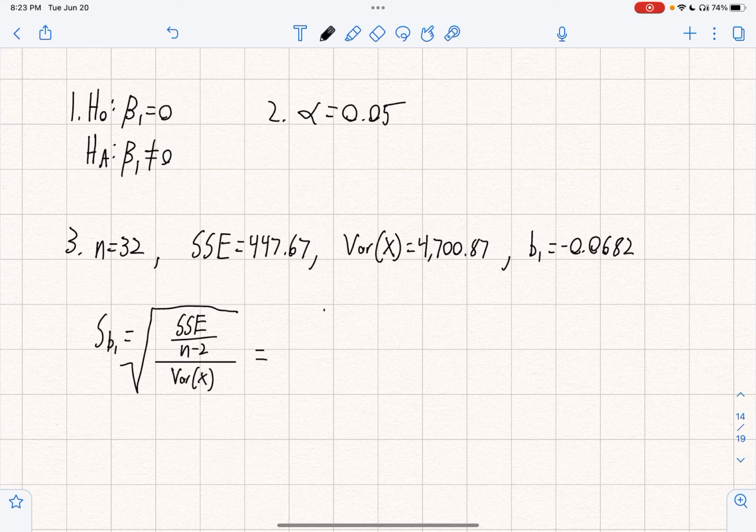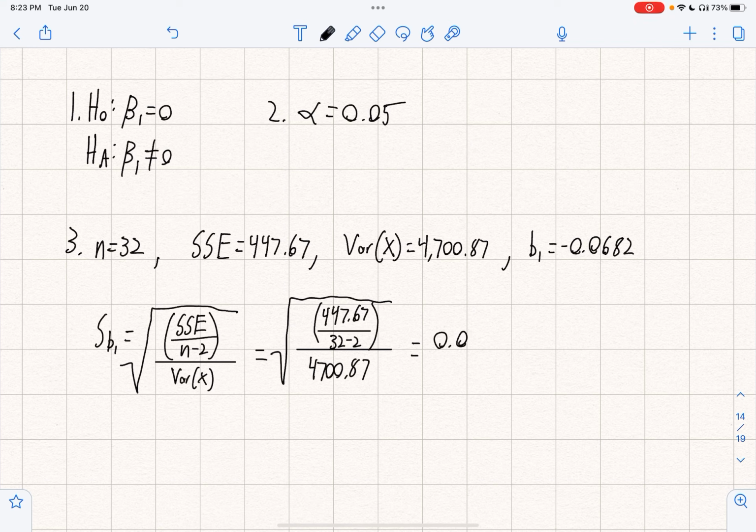So SSE is 447.67 divided by 32 minus 2, so that would be 30, all divided by, put these in parentheses, the variance of x, which we said was 4,700. And then we need to take the square root of that value. So we put that into our calculator. I get a value of 0.0563.